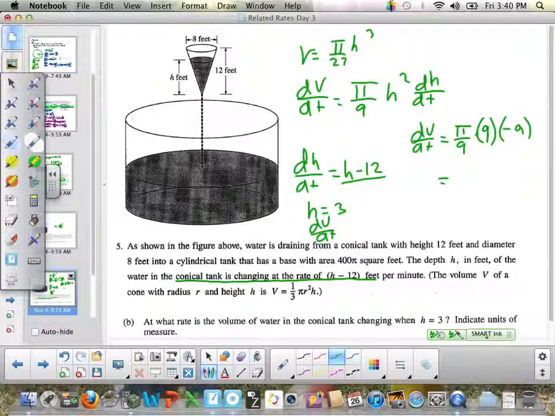So as we work on this, the 9's cancel. It's negative 9 pi cubic feet per minute.